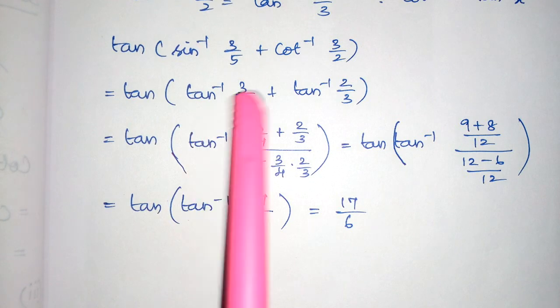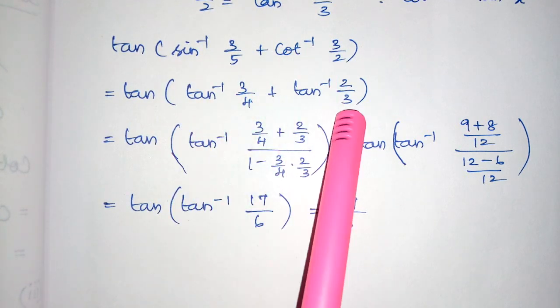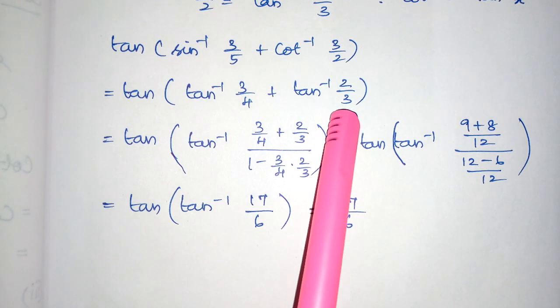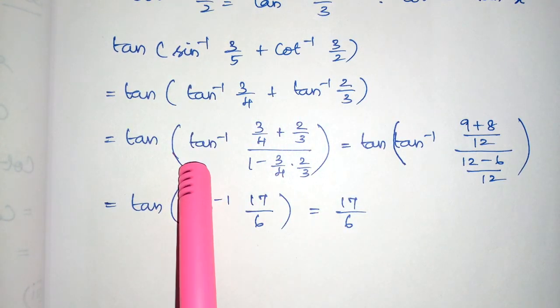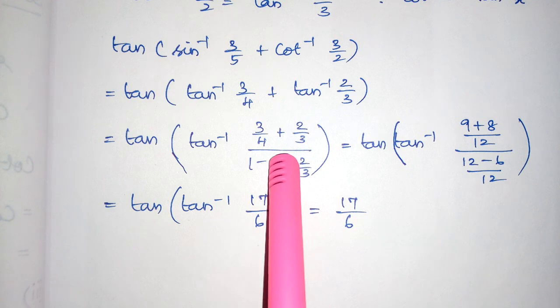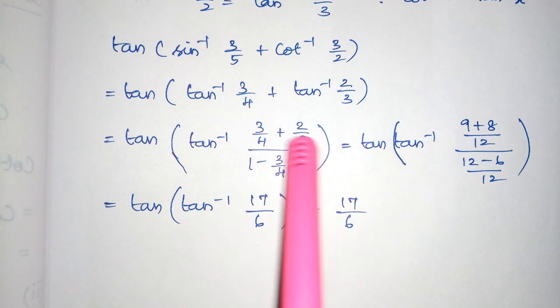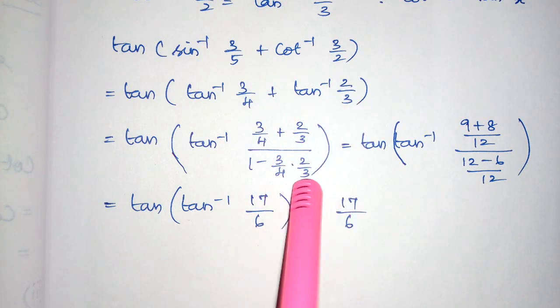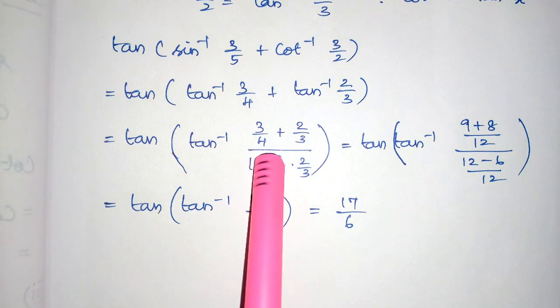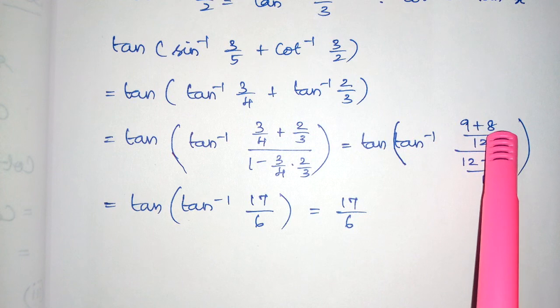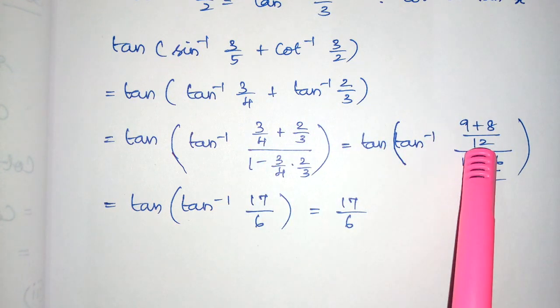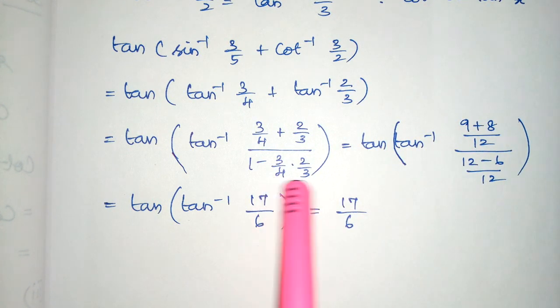So as I have told, both the values are now replaced with the values which we have just found. Okay, now both are tan inverse. You know the formula, isn't it? Tan inverse of first term plus second term divided by 1 minus product of the two terms is written here. Now I have to cross multiply. 3 into 3 is 9, 4 into 2 is 8, divided by 4 into 3 is 12, whole divided by 4 into 3 is 12.